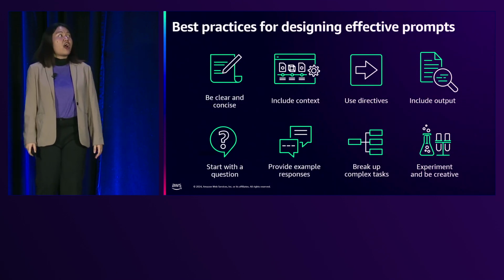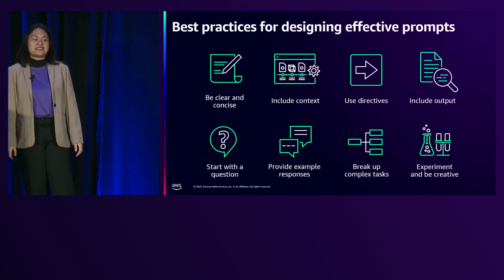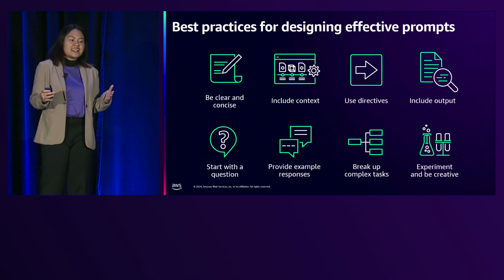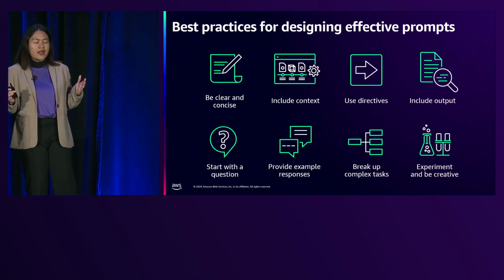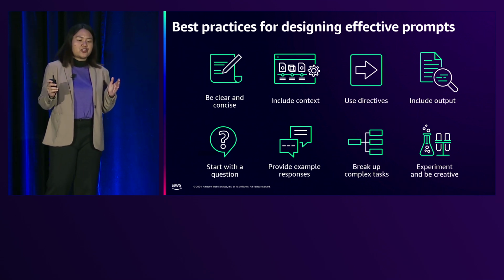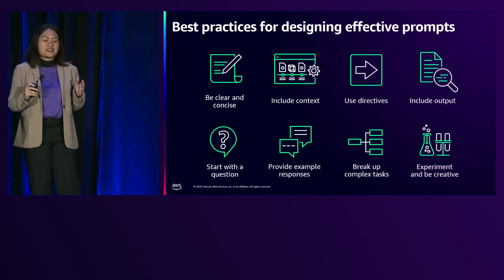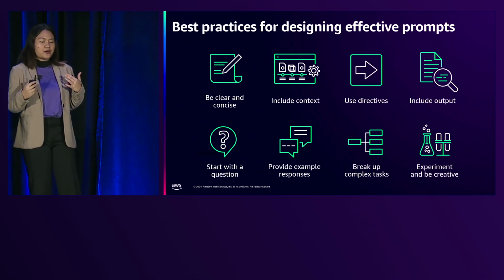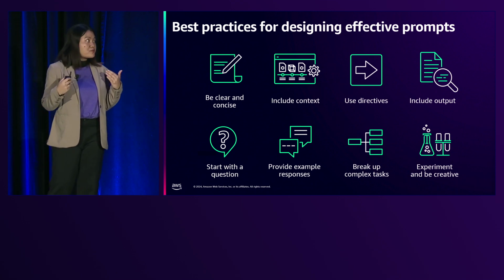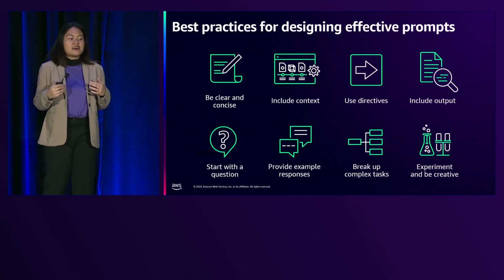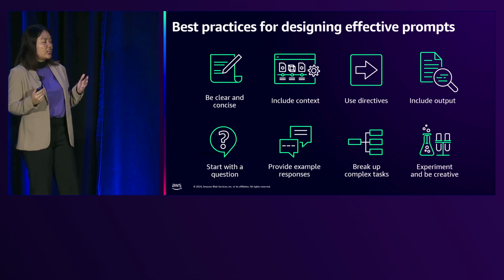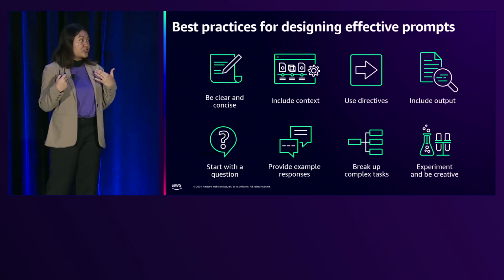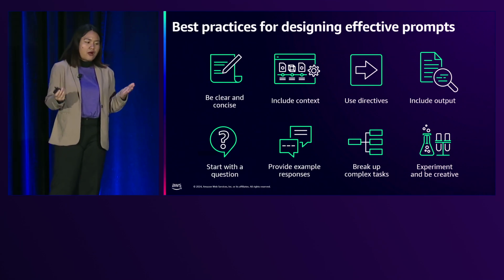And what are some of the best practices when you're designing an effective prompt? The first one is that you need to be clear and concise. Sometimes the best way to ask a question is a straightforward question, so you need to be clear and concise about what you are trying to do inside your prompt.